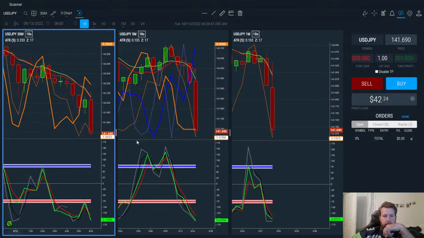T&Ts are looking okay. We actually have the oranges pointing down again here, so we're going to go ahead and take this. Now ATR is over 100 points here, but the max I'm going to be risking is 100, just to make sure that we don't risk more than 1% on any given trade. So we're going to go ahead and sell there, see what happens.